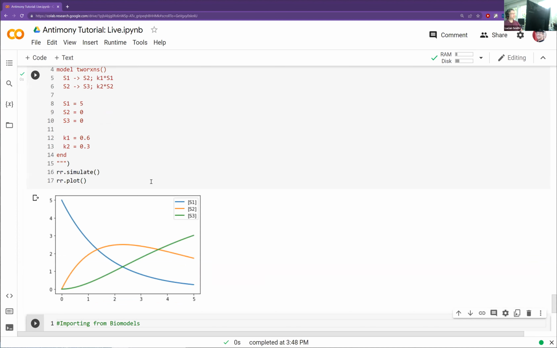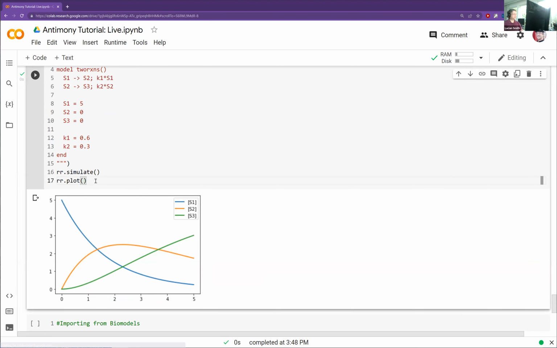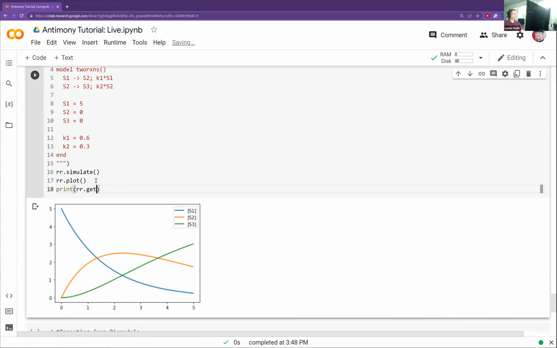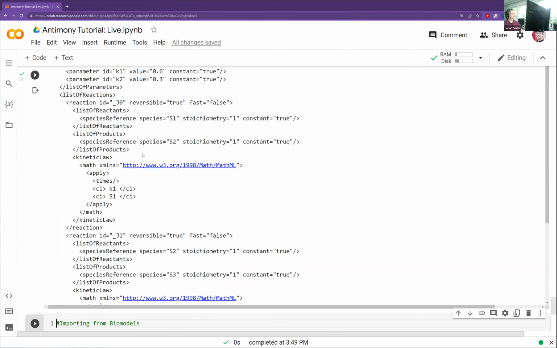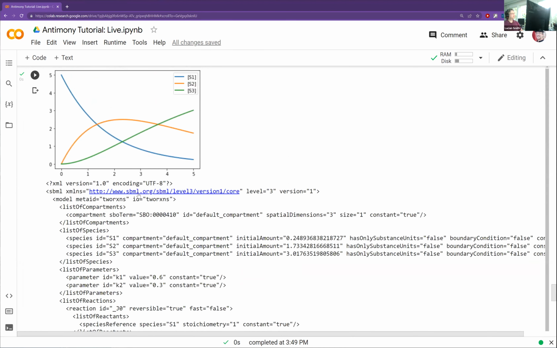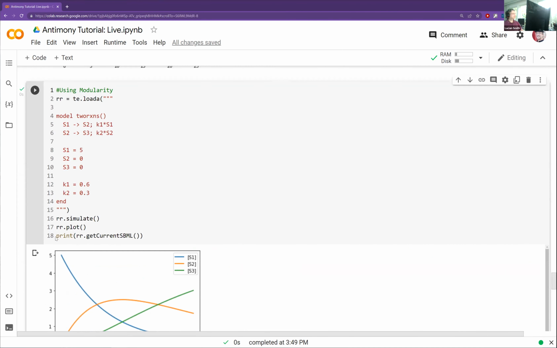And exactly the same thing will happen. All right, so here's the SBML under the hood, and you'll see that it has the ID reactions. Great. How does that help?